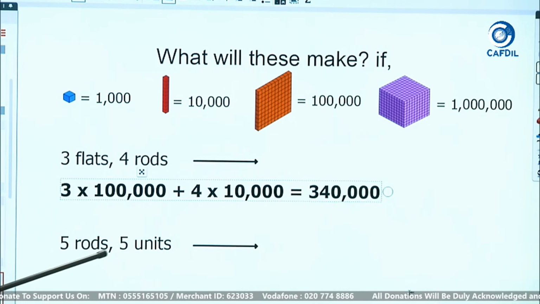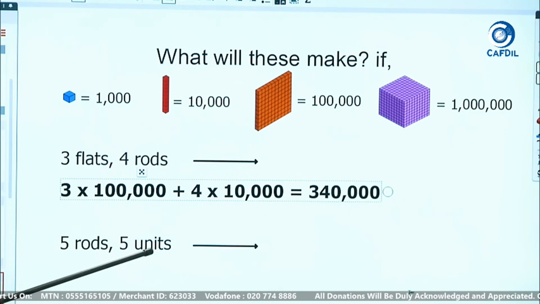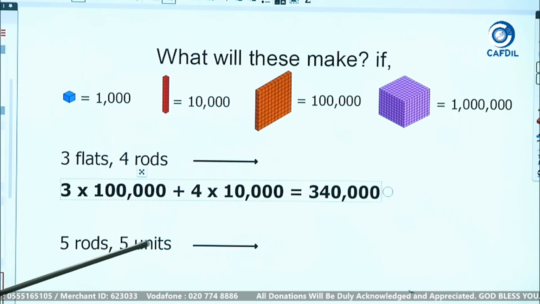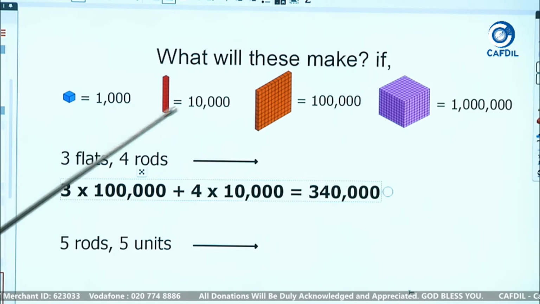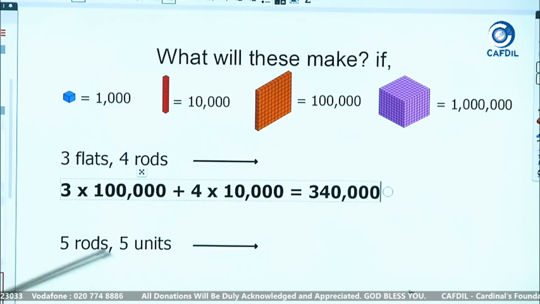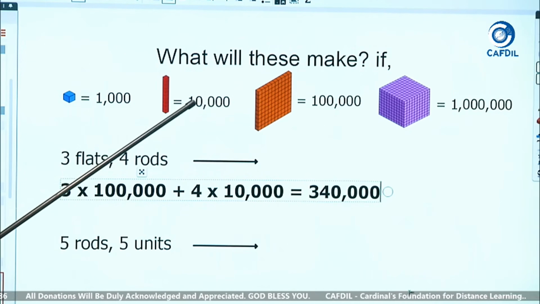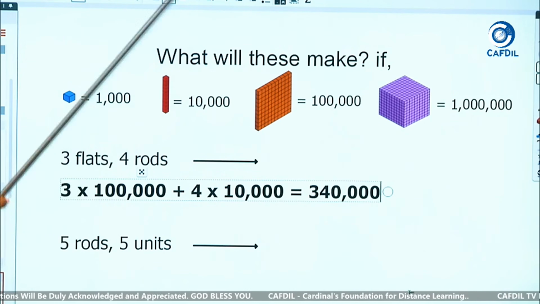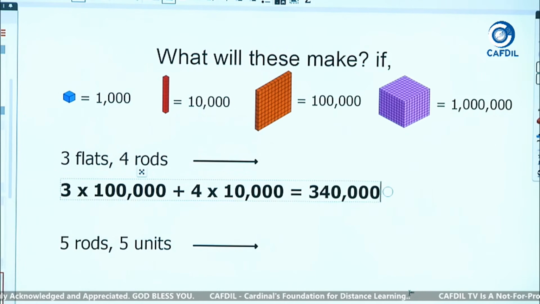5 rods and 5 units. Using the value, the key has been given. What is the value of a rod? A rod is 10,000. So 5 of the rods, meaning 5 times 10,000.